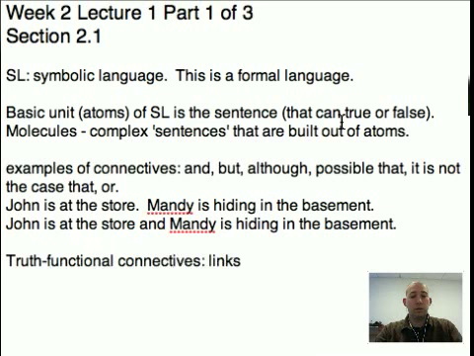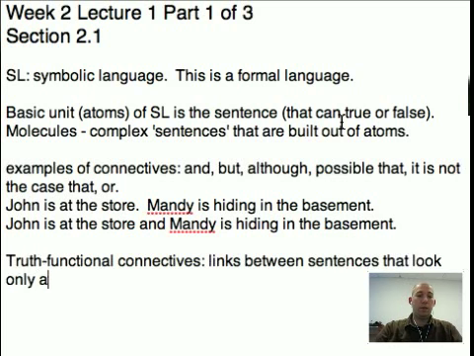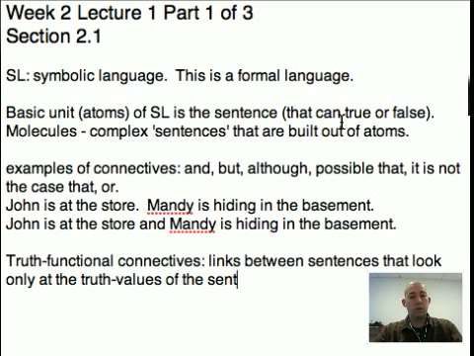These are the links between sentences that look only at the truth values of the atomic sentences or of the smaller sentences.